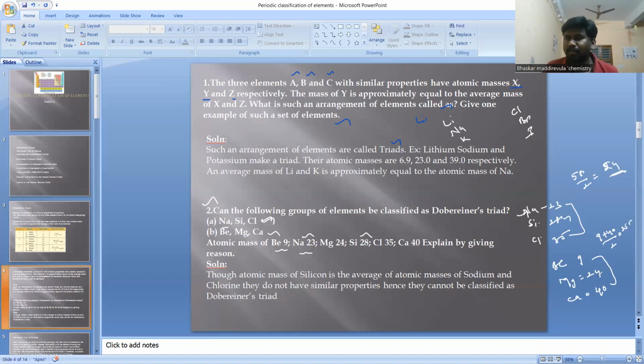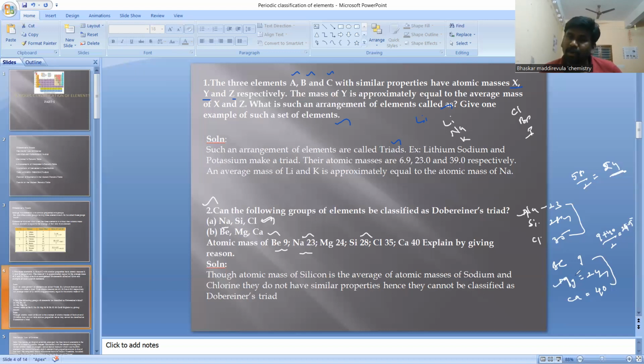So approximately it is very near to the magnesium mass, so approximately equal to magnesium.